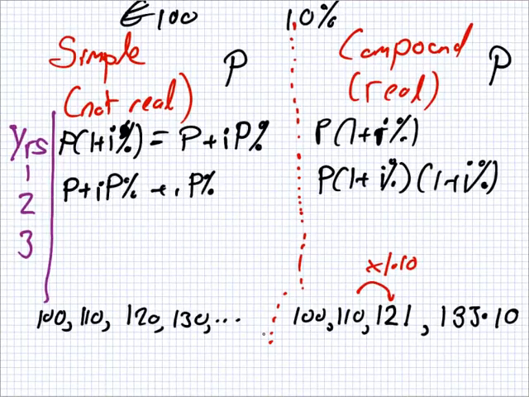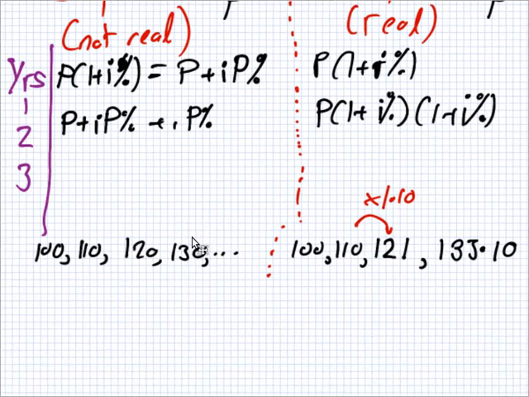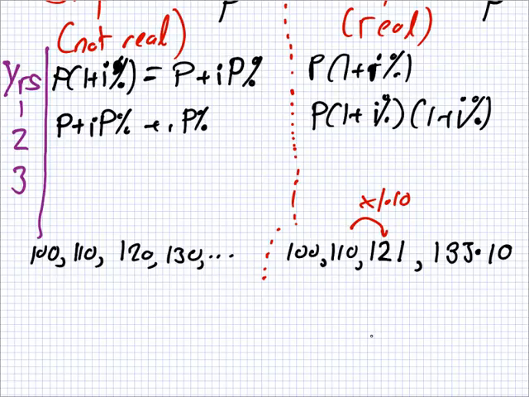Where have we seen something like this in semester 1? Not quite that. Yeah, the main difference between simple and compound is this. Compound follows a GP pattern of increasing, whereas simple follows an AP pattern of increasing.